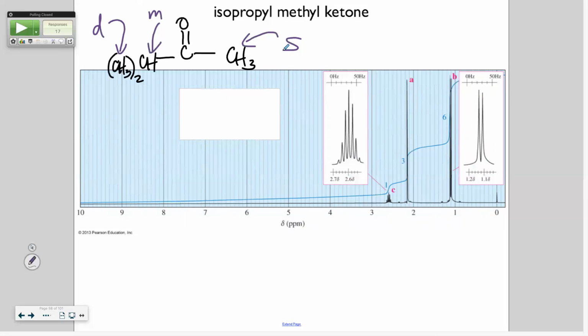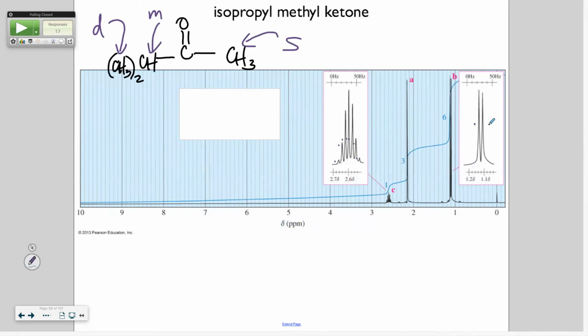So you can go 1, 2, 3, 4, 5, 6, 7. And I did touch the right peaks, not that the dots went in the right spot. Okay. Notice this is our singlet and here's our doublet, and they even did that for you.